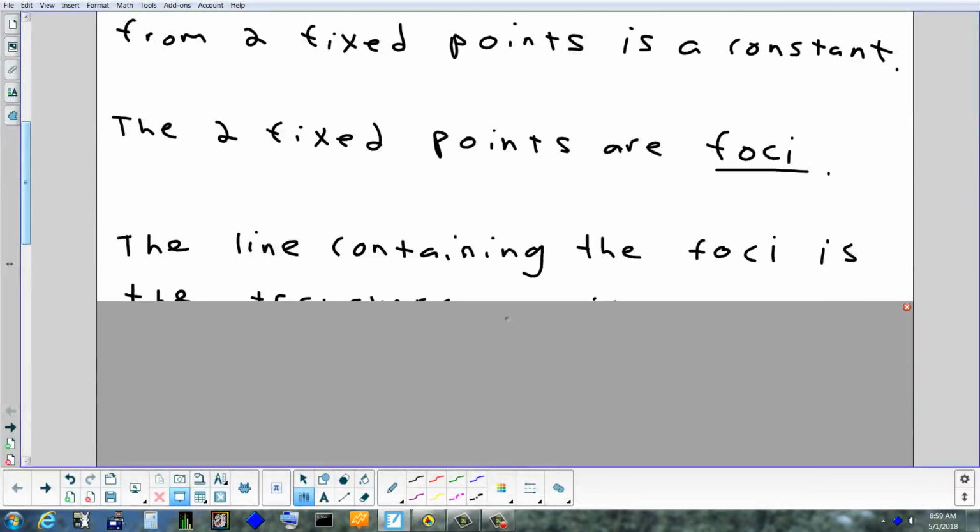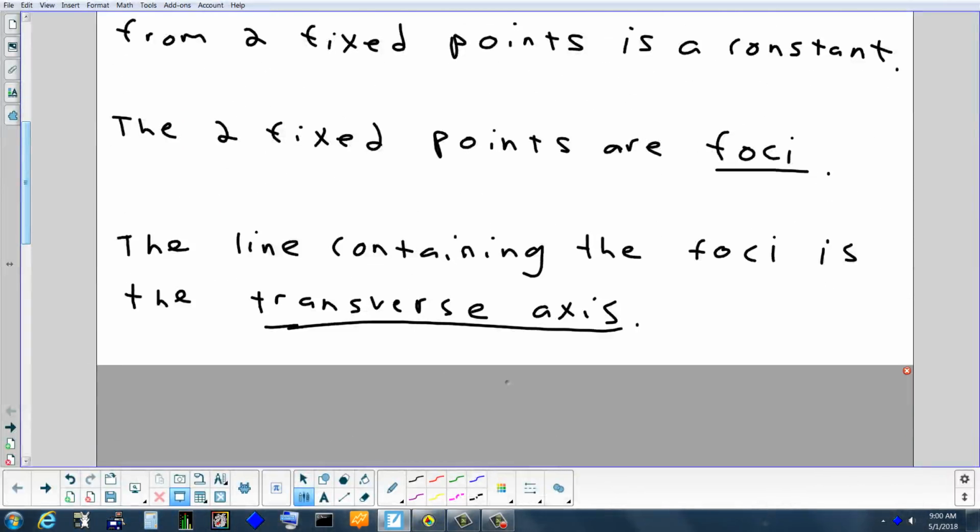The axis that went through the foci, through the vertices, through the center. That was called the major axis. Well, for some reason with hyperbolas, they decide to rename everything. It would be great if they kept it the same, but they don't. So the axis that goes right through the foci is called the transverse axis.